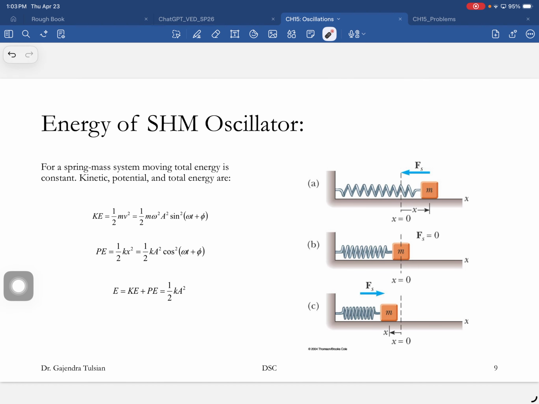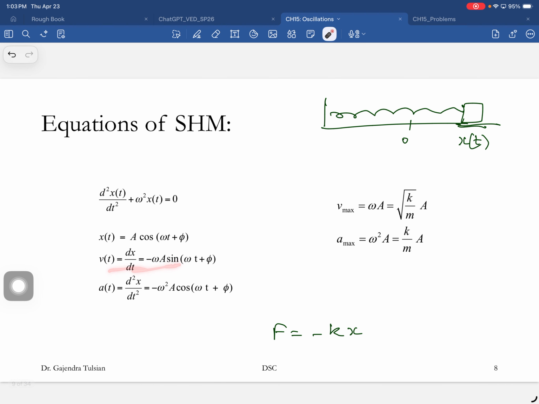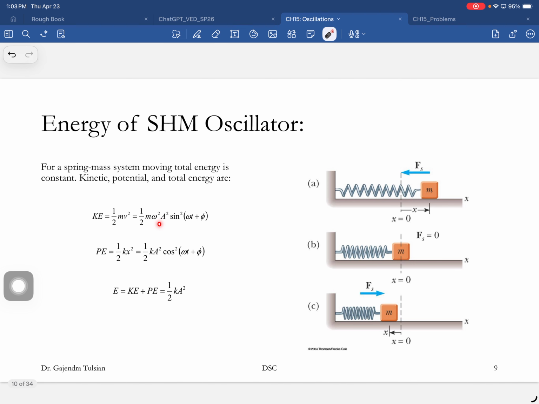At any location, the object has kinetic energy. The kinetic energy is 1/2 mv squared. We already know its velocity as a function of time, and we're going to substitute that. Its potential energy is 1/2 kx squared, and there is the potential energy at any given time.